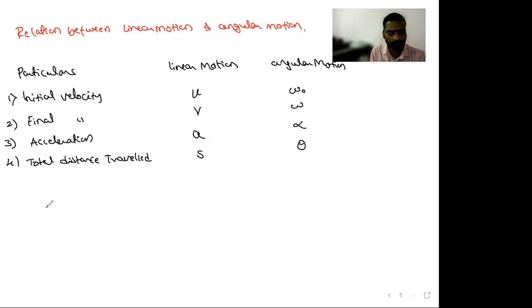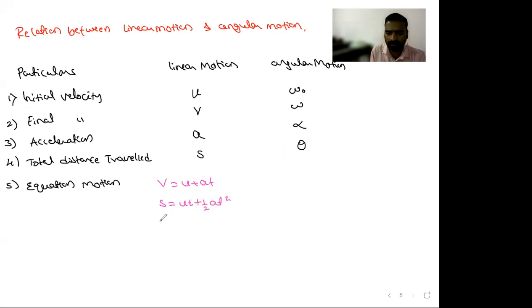Then the formula for final velocity. I will take the equations of motion directly. In the linear case, can you tell me? v is equal to u plus at. s is equal to ut plus half at square.